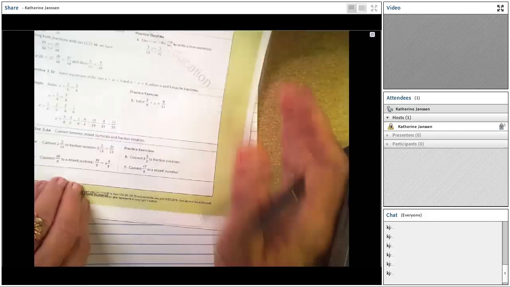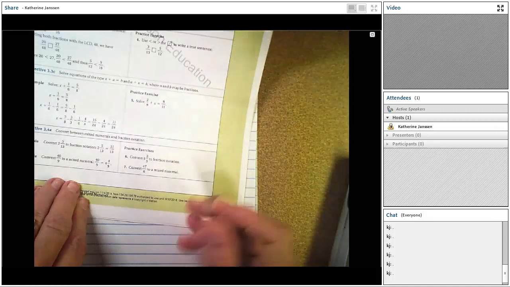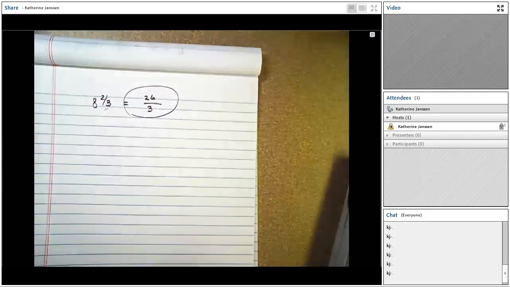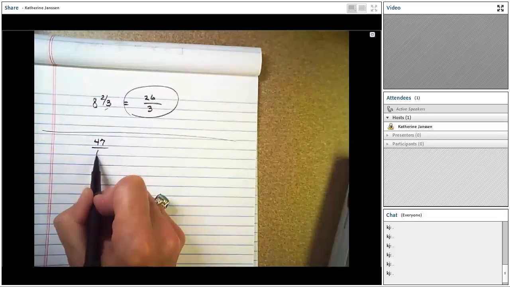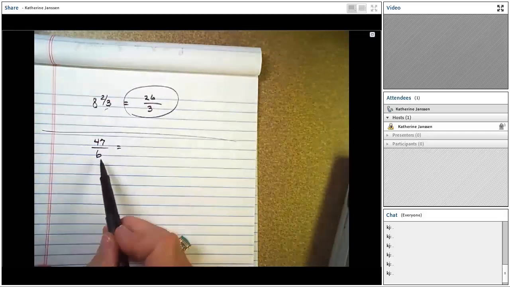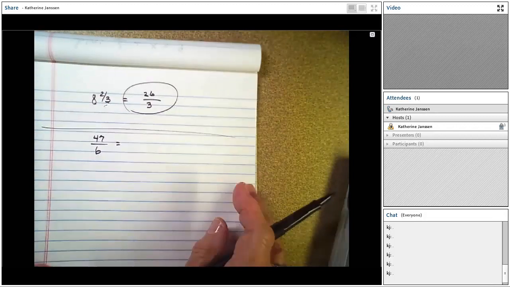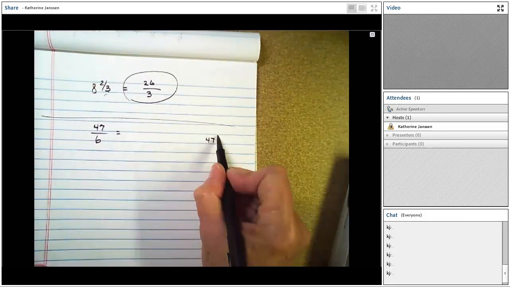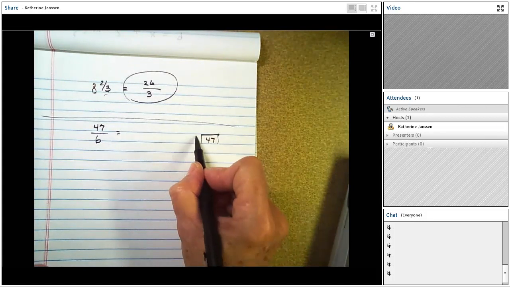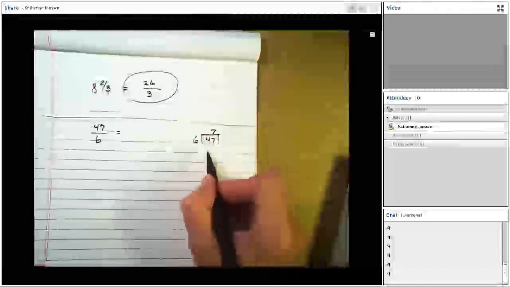And convert 47/6 to mixed numeral. 47/6. And we want to find out how many whole portions are in 47. So 47 divided by 6: 6 goes into 47 7 times. 7 times 6 is 42.